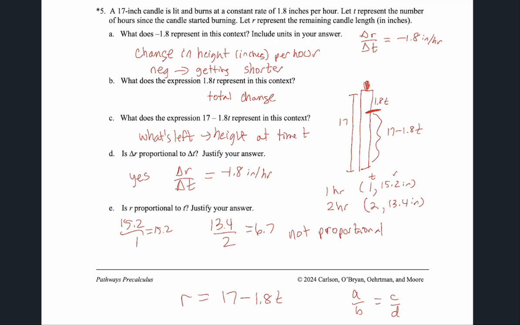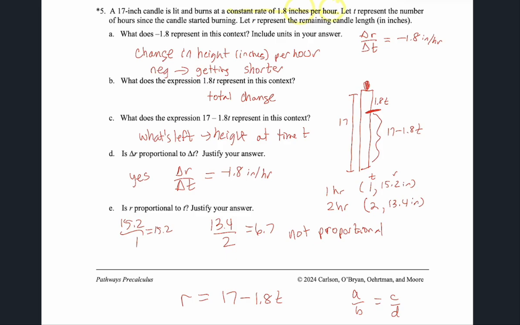Okay, so let's look. Do you see this right here? Do you see how it's a constant rate of, and then it's going to always use the word per. That's going to be kind of your marker for your slope or your deltas, my change in. So if you see something per something, that would be your delta, and this would be your first delta thing on top, so inches, and this would be our delta thing on the bottom, so time.